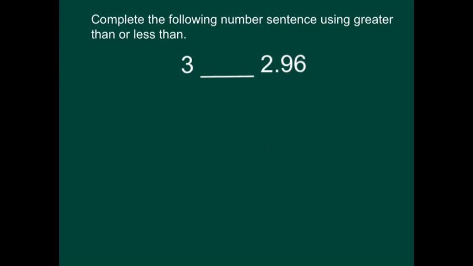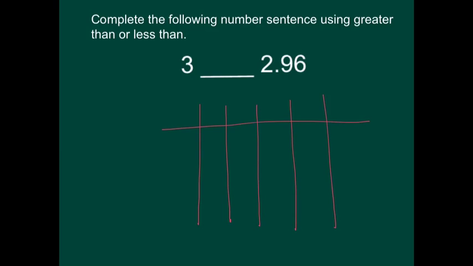Next, we want to complete the following number sentence using greater than or less than. I set up my place value chart. We're trying to compare 3 and 2 and 96 hundredths. Thousandths, hundredths, tenths.